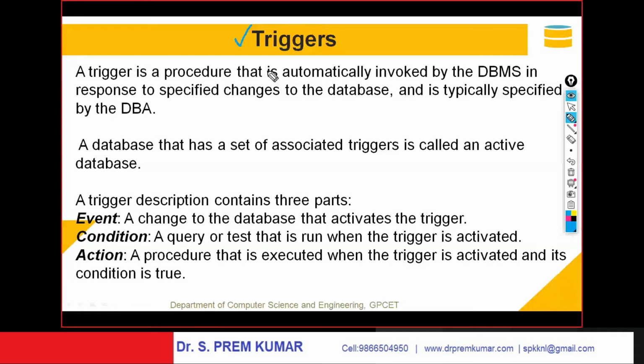So a code will be waiting for insertion. When you insert the student data, immediately the code gets activated. It performs calculation of total and average, and the details will be inserted automatically into the result table. That is called a triggering code.